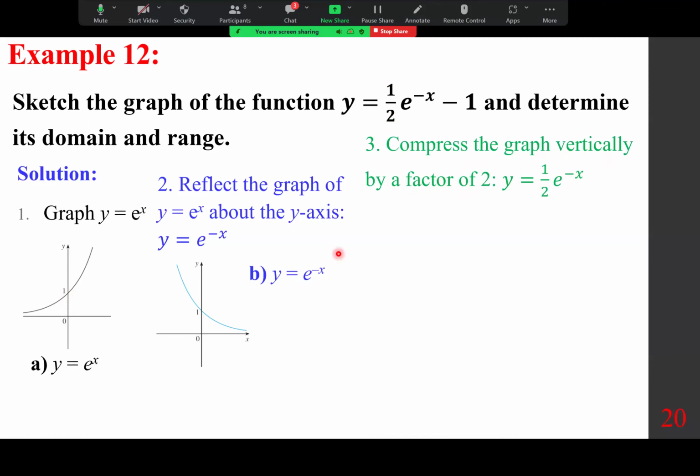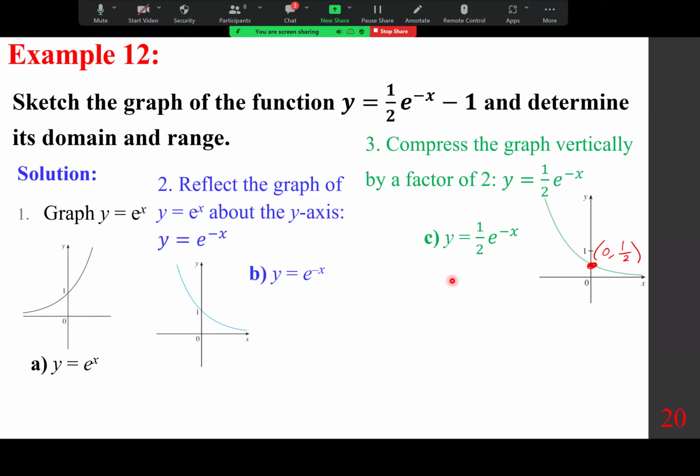It's 0, 1. But now it goes down to 0, 1/2 as an example. This one has coordinates 0, 1.